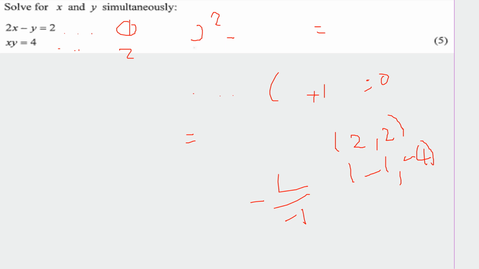Okay, so now we will have to move to another question, which is question 1.3. So they say, show that 2 multiplied by 5 to the power of n minus 5 to the power of n plus 1 plus 5 to the power of n minus 2 is even for all positive integer values of n.